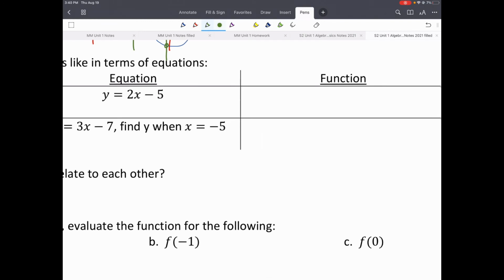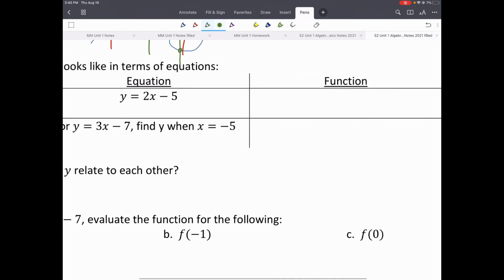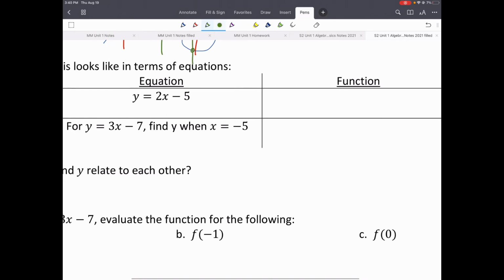If we talk about functions in terms of an equation, this is what an equation looks like. Its function, if you wanted to write it as a function, would be something like this. Okay?